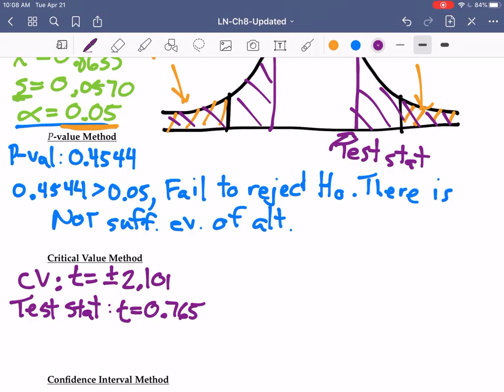Since our test statistic is between the two critical values, it does not exceed either of them, so we again fail to reject the null.